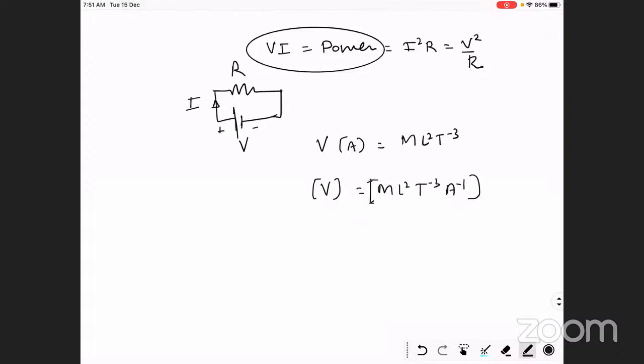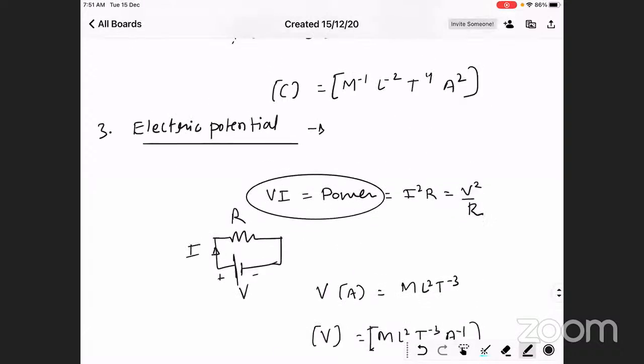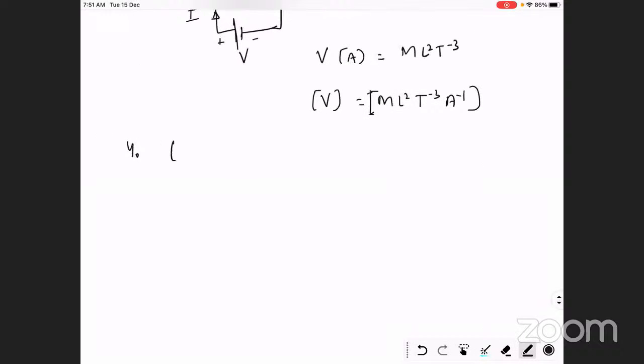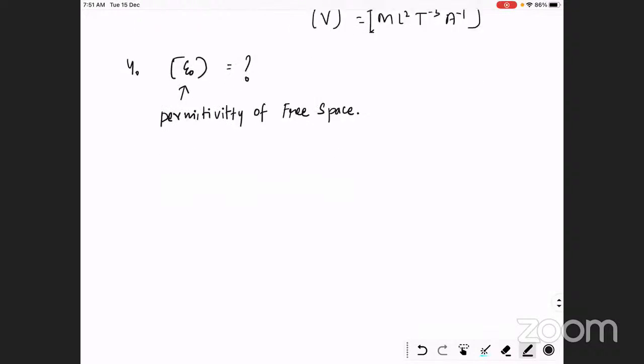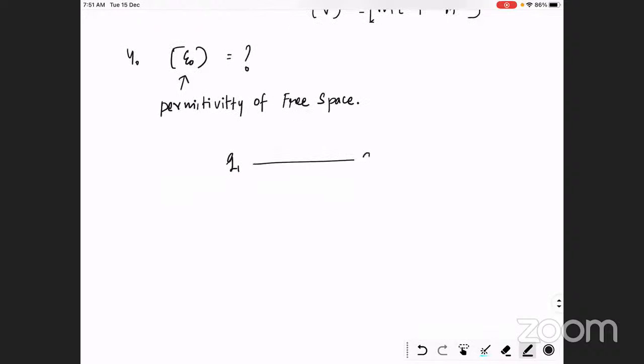Yes, sir. Permittivity of free space is epsilon naught. How to find the dimensional formula of permittivity of free space? Imagine two point charges. What is the force between them?